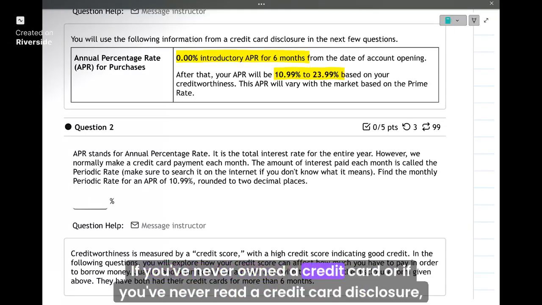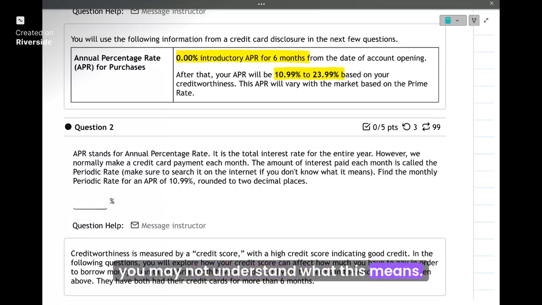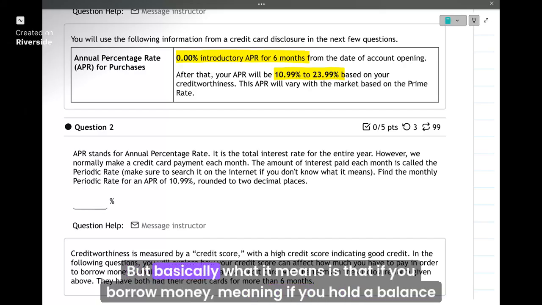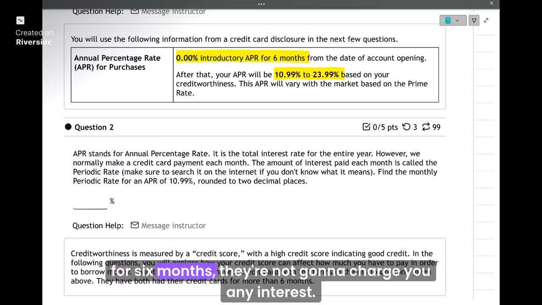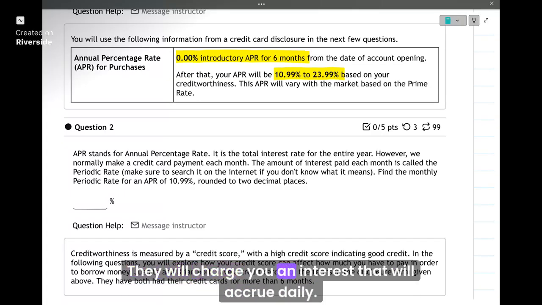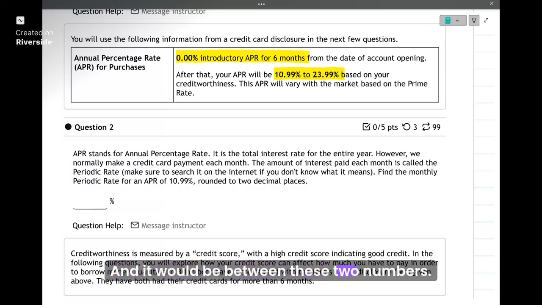If you've never owned a credit card or never read a credit card disclosure, you may not understand what this means, and that's okay. You don't have to know in deep detail, but basically it means that if you borrow money, meaning if you hold a balance for 6 months, they're not going to charge you any interest. But once that 6 months is up, if you continue to borrow and hold a balance, they will charge you an interest that will accrue daily, and it would be between these two numbers.